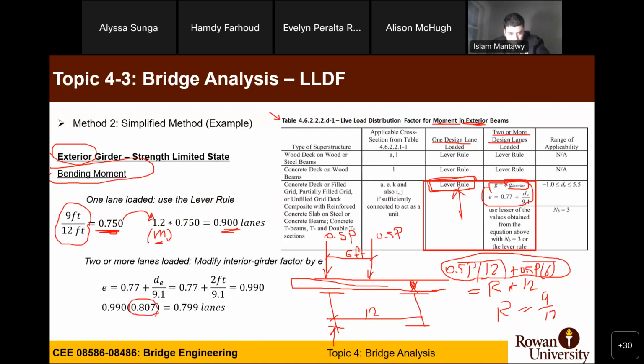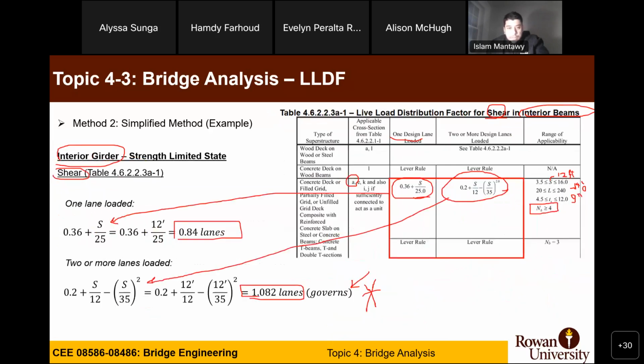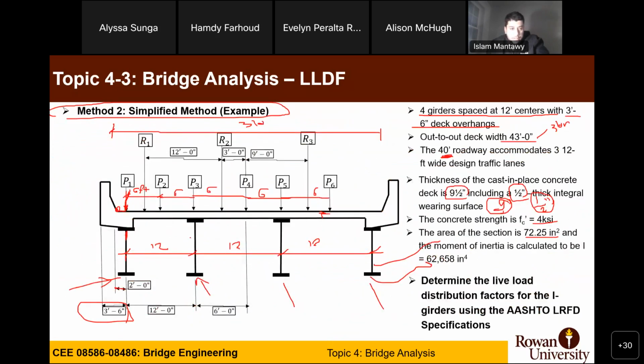And you need to calculate e, and e is 0.77 plus de over 9.1. In this case, actually, de should be 0, right?